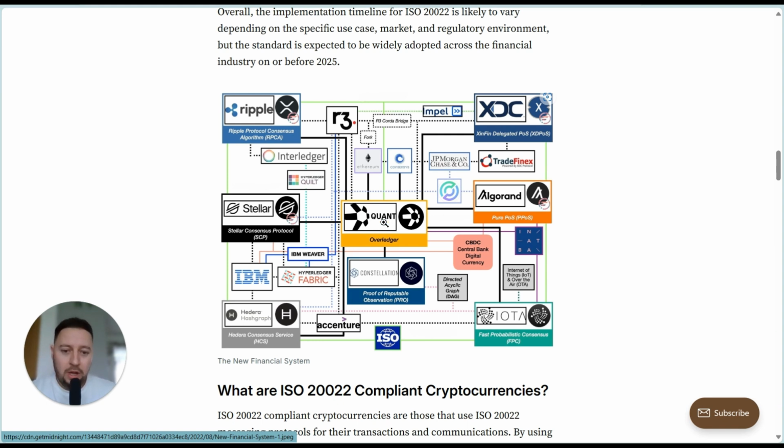Now Quant as well, I've not got the article, but on Quant's official website they've actually integrated with XDC as well. So Quant has got all this sort of scale now. They've obviously broken through all the doors, and they've got that accessibility to the 90% of all the financial transactions which will be taking place in the years to come.